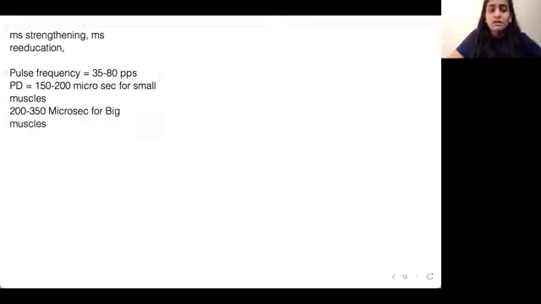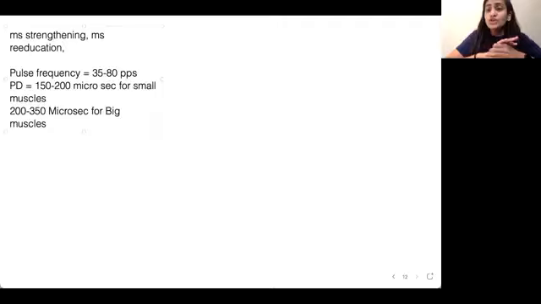Your pulse duration is going to be 150 to 200 microseconds for small muscles, and 200 to 350 microseconds for your big muscles.